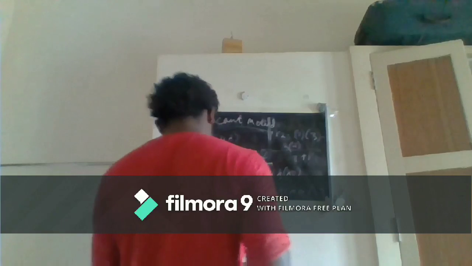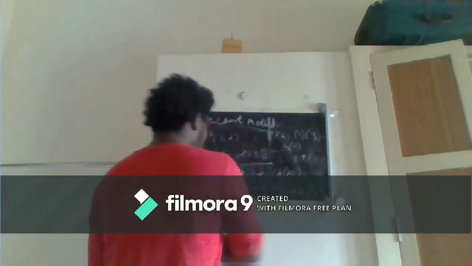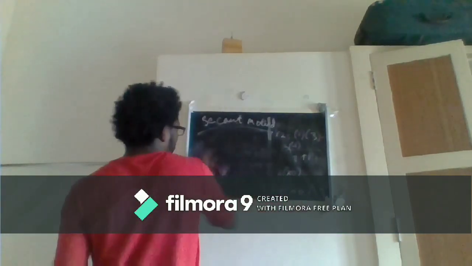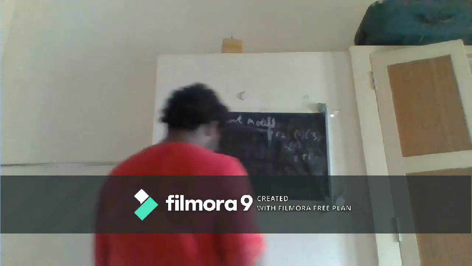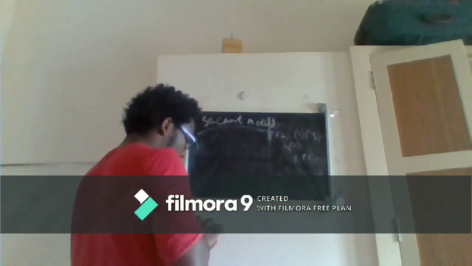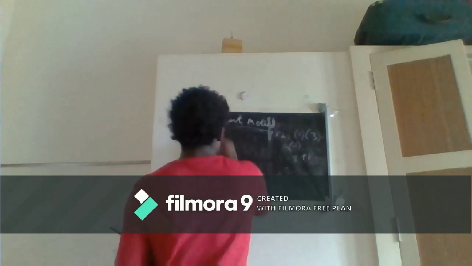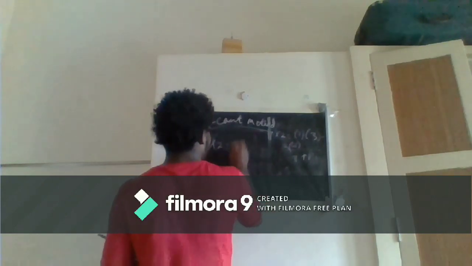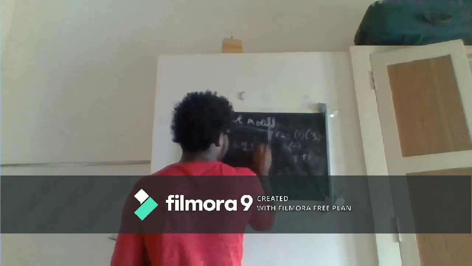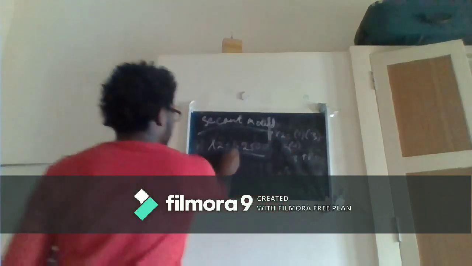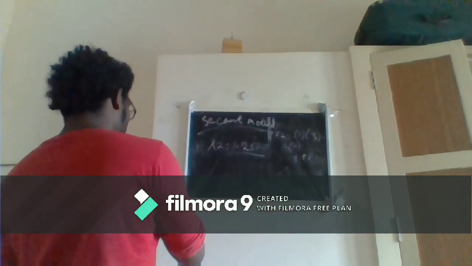Using the calculator, we find that x2 is equal to 1.2500. This is the x2 value.